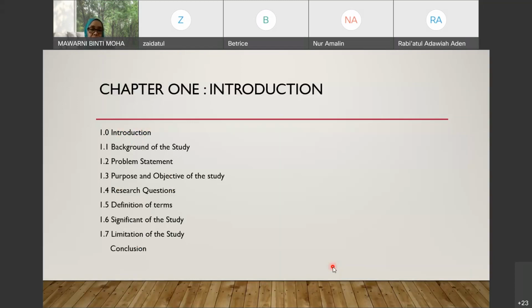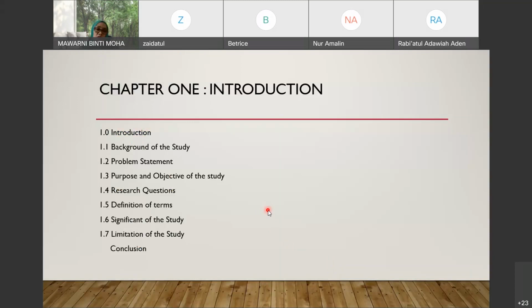Okay, all right, now we move on to the courses here. This time around, I highlighted the aspects which are important for you to have in each of your chapters. I'm given the responsibility to talk on chapters 1, 2, and 3.